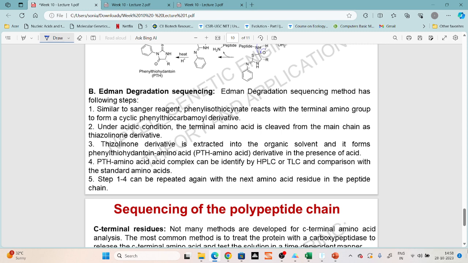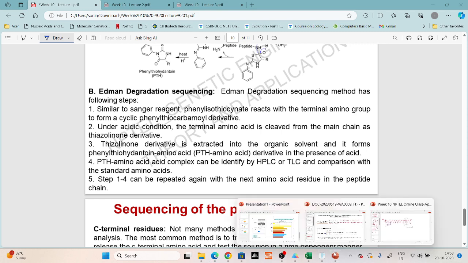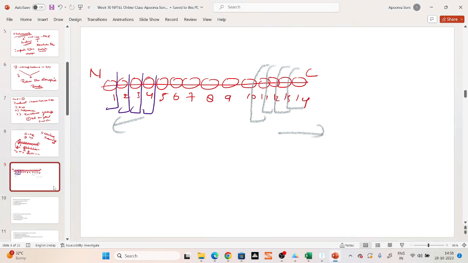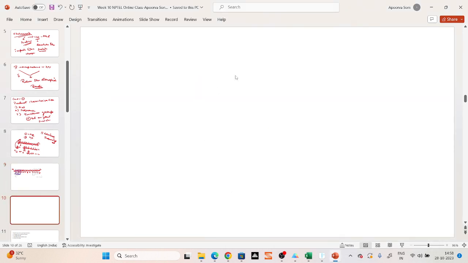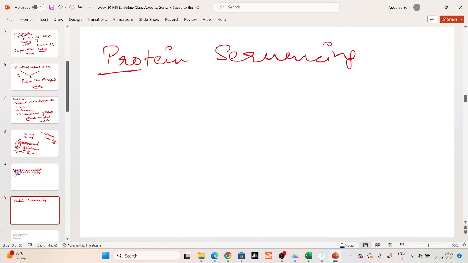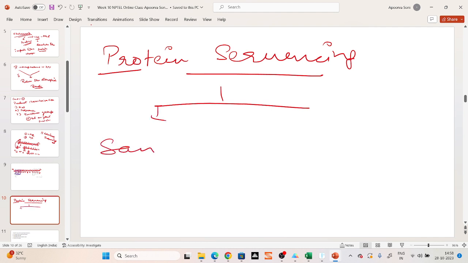So what I'm trying to say here, if you're getting a little bit confused, is that for the sequencing of proteins, we have two different approaches: Sanger sequencing and Edman sequencing.